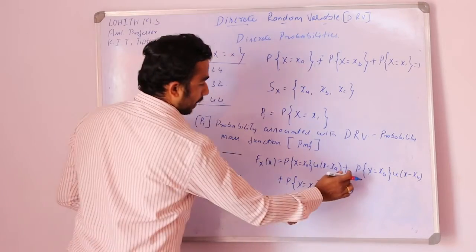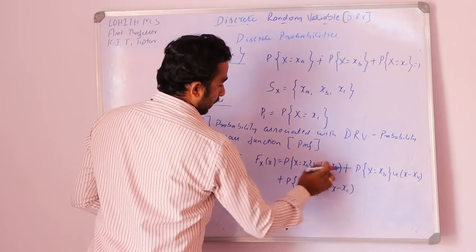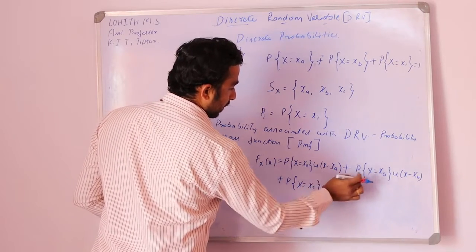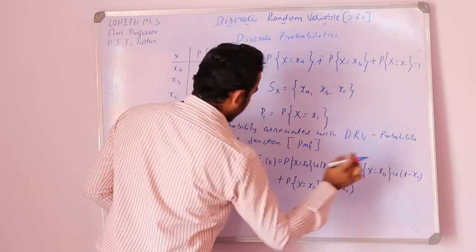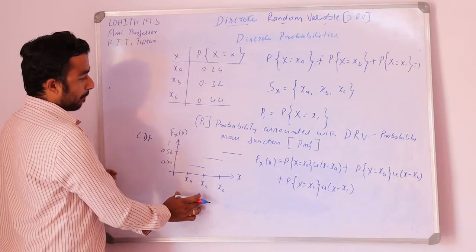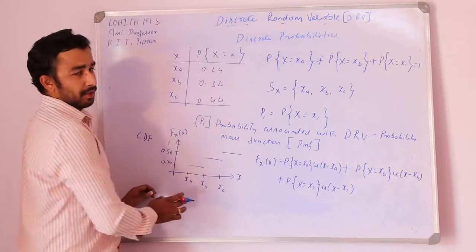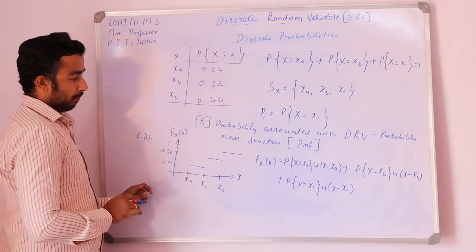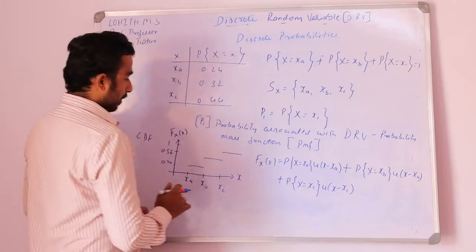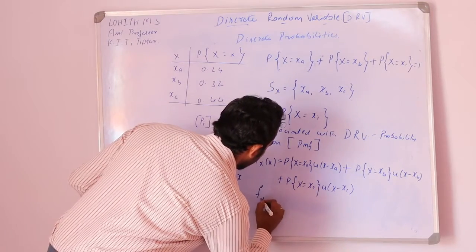As it is a plus here, and the probabilities x minus xa plus x minus xb, this is the plot for the cumulative distribution function. Now we want the probability density function, that is f x of x.